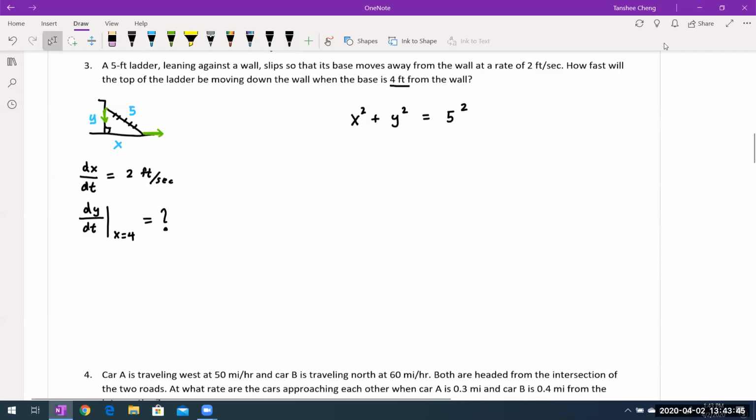Are there any questions before I move any further? So to relate these two rates of change, I'm going to take the derivative with respect to time on the left-hand side, and also on the right-hand side.